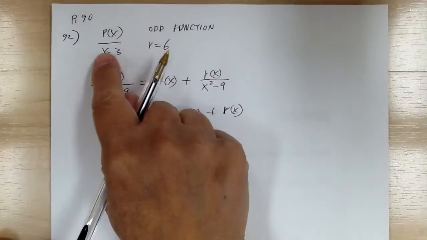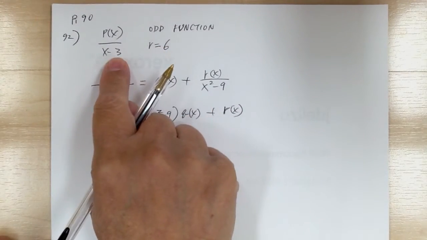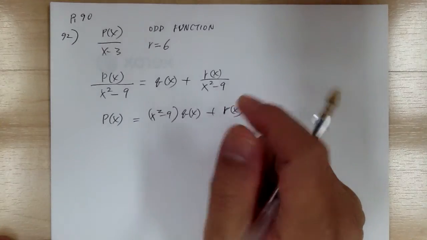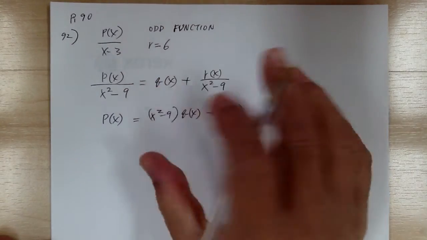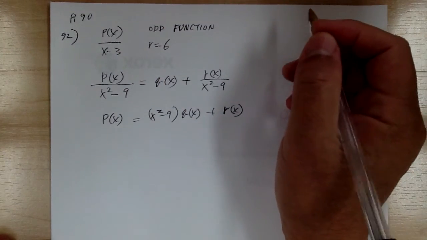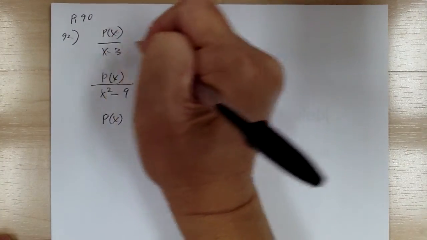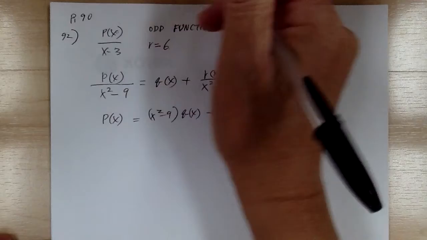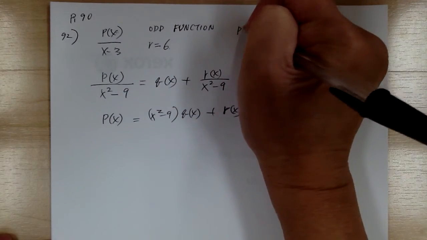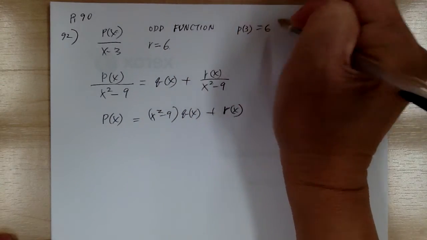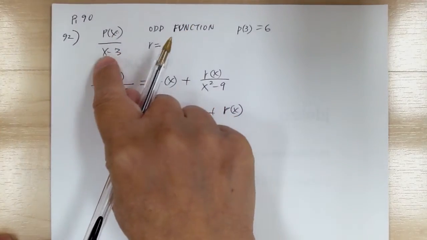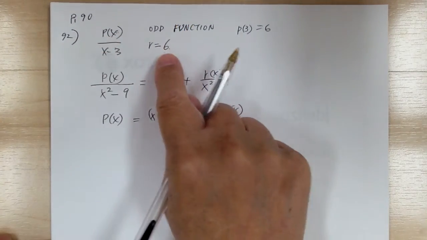Remember, by the remainder theorem, the remainder and the substitution are interchangeable. So when you divide and the remainder is 6, it means p of 3 equals 6. When you substitute 3 into p of x, it equals 6.